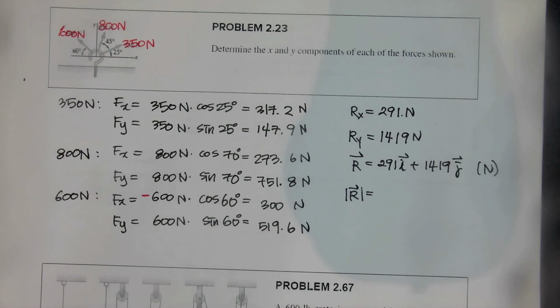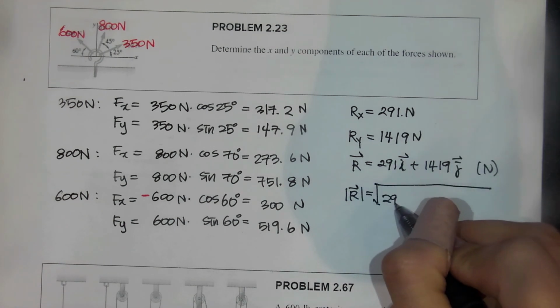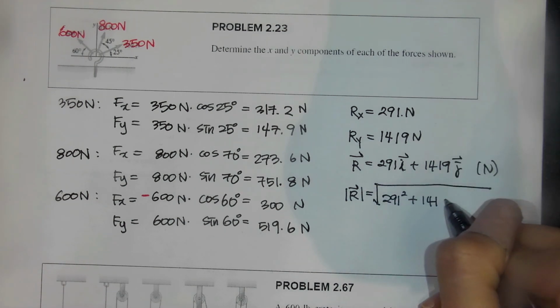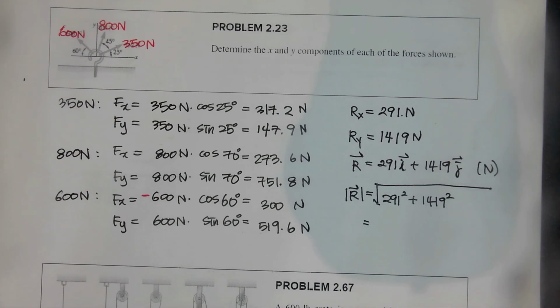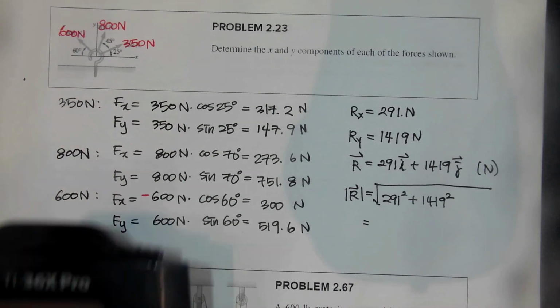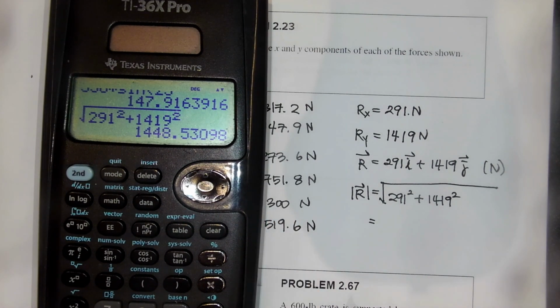Magnitude of the resultant using Pythagorean, right? So square root of 291 squared plus 1419 squared, right? So I have 1448.5.